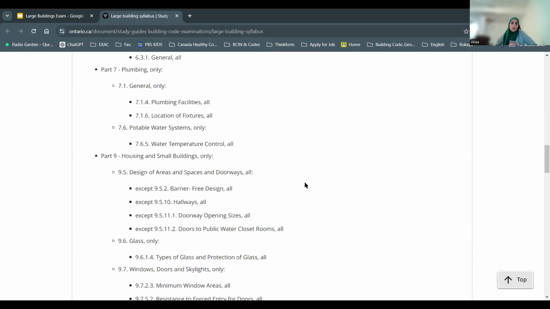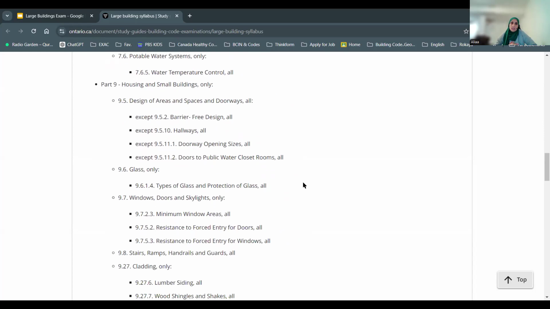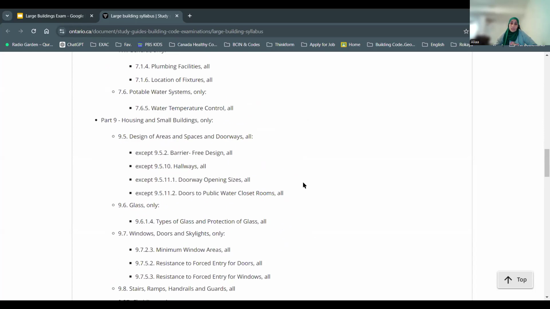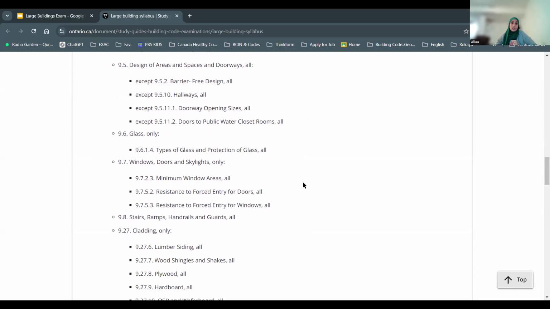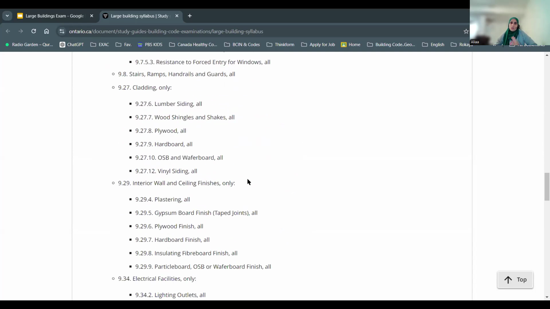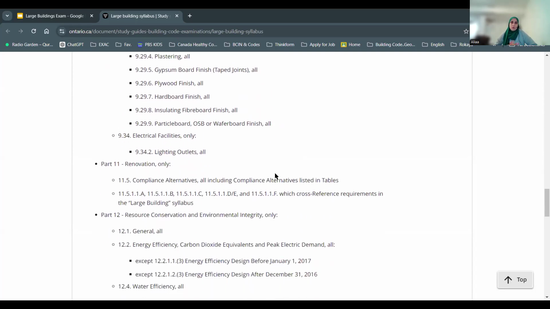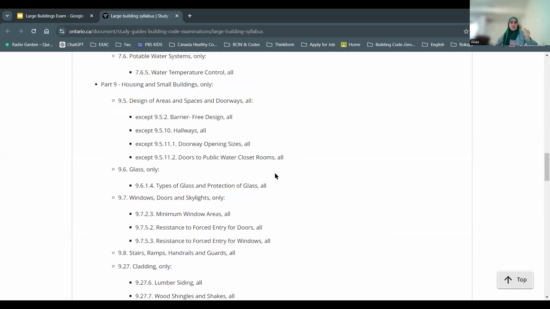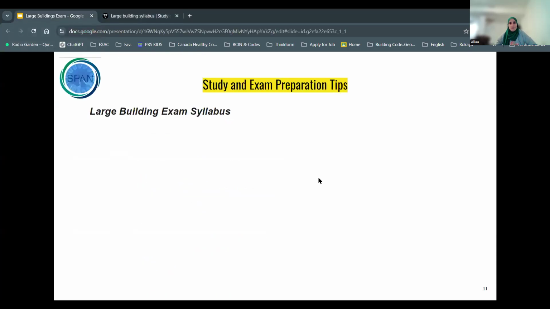Part 7, general specs. Part 9, it only focuses on design areas, dimensions, doorways, the minimum dimensions, stairs, and minimum window areas. What do you do with this syllabus? I printed it and highlighted it, and bring your hard copy of the code and highlight all the sections required to govern the exam. This is the first step.